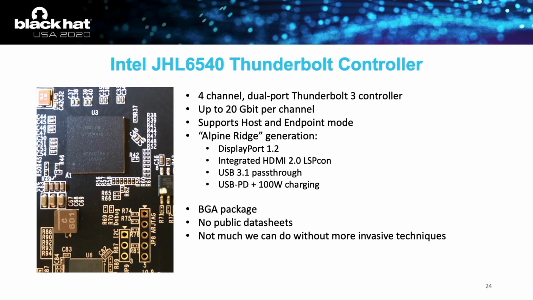And it's from the Alpine Ridge generation, so it supports DisplayPort 1.2, HDMI 2.0, USB pass-through, and USB power delivery. Now, in terms of analyzing the hardware architecture, this particular chip is not very attractive to have a look at, at least not initially, because it's a BGA package and there are no public data sheets. So, yeah, we actually moved on to the other chips first.